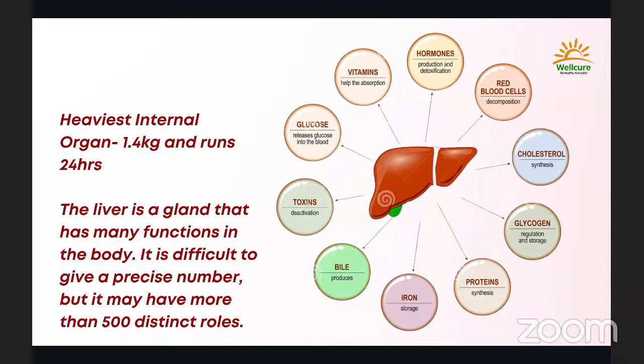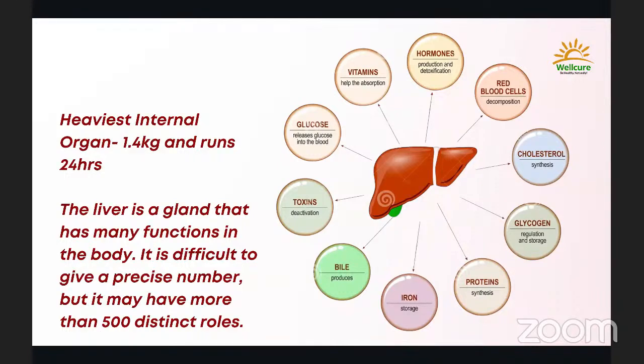So it produces hormones, makes red blood cells, helps in metabolism, and helps in production of cholesterol, which is very important for hormones, vitamins, essential functions of each and every cell, and also development of a cell. It also stores a lot of glycogen, which is used as glucose whenever the body needs to raise glucose.